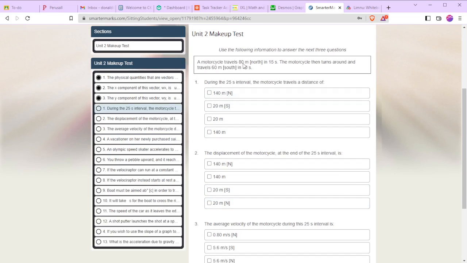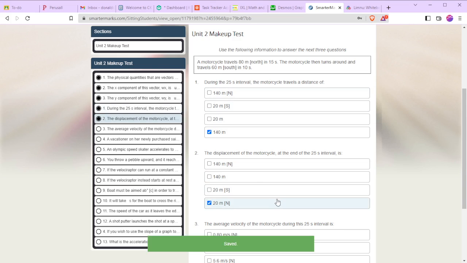Now, a motorcycle travels 80 meters north in 15 seconds, and then turns around and goes 60 meters south in 10 seconds. Distance does not care about direction. 80 plus 60 is 140 meters, not 140 north, just straight up 140. The displacement is the 80 north minus the 60 south, for 20 meters north, because direction does matter.